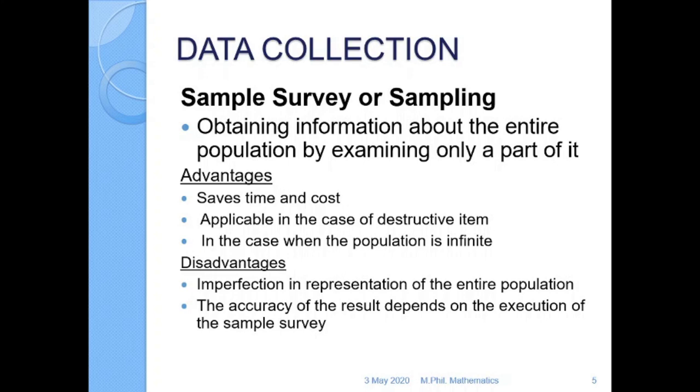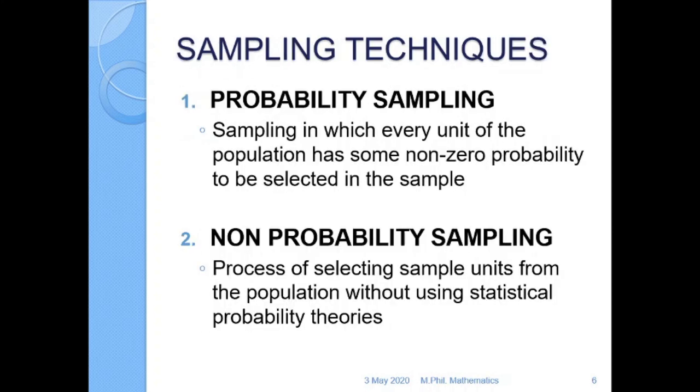To get a better result, the sample selected should be a true representative of the population and the sampling techniques should be unbiased. Sampling techniques are broadly classified into two: probability sampling techniques and non-probability sampling techniques. Probability sampling means every unit of the population has some non-zero probability to be selected as a sampling unit.